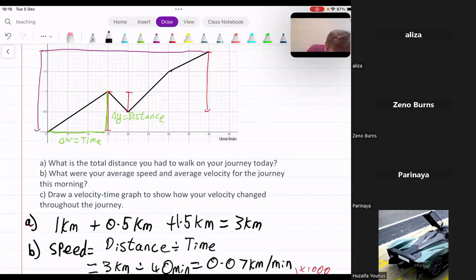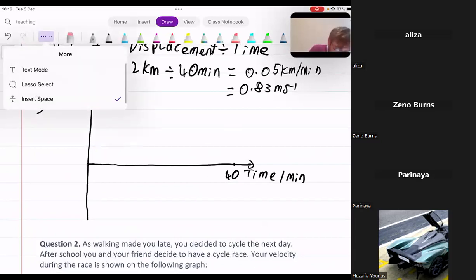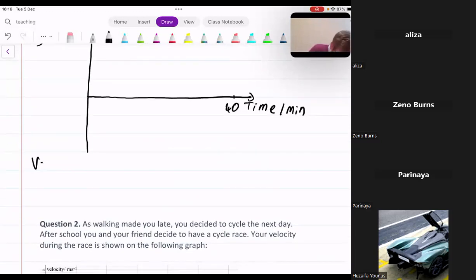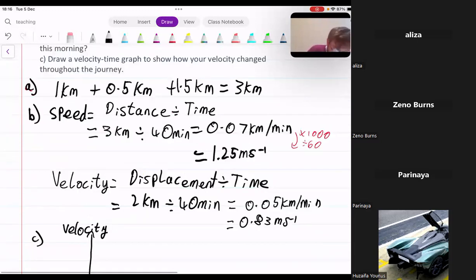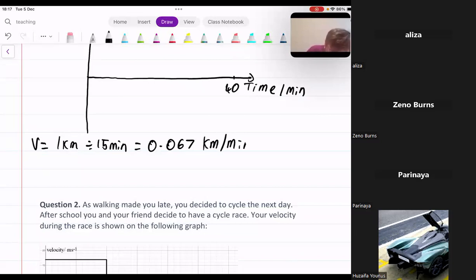In the first section, the change in y is 1 kilometer, and the change in x is 15 minutes. So the velocity equals change in y, which was 1 kilometer, divided by 15 minutes, which gets us 0.067 kilometers per minute.